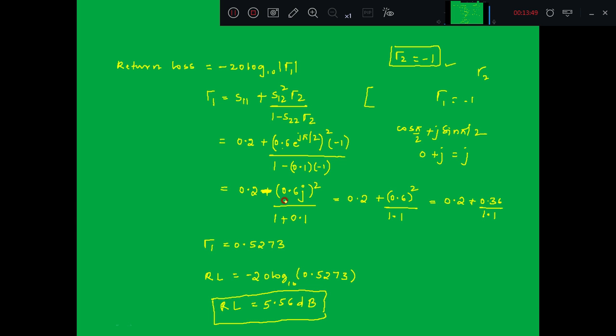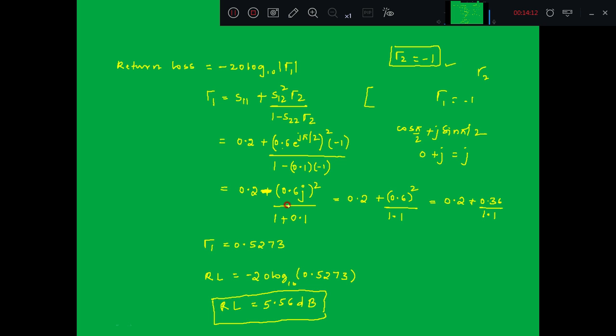Here we proved the network is reciprocal because S is equal to S transpose. The second point is we proved the network is lossy, meaning the network is not lossless, because S conjugate multiplied by S transpose is not equal to the identity matrix.